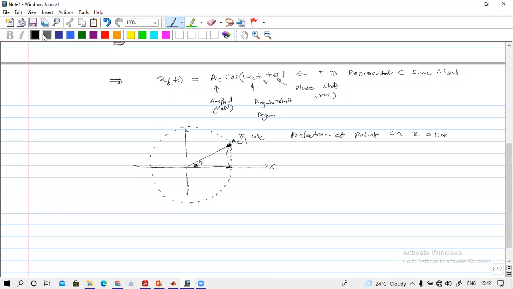So the sine wave is created like that. I think you already know those things. If you consider this theta, what is this theta? Theta is equal to omega c t, where t is the time point.